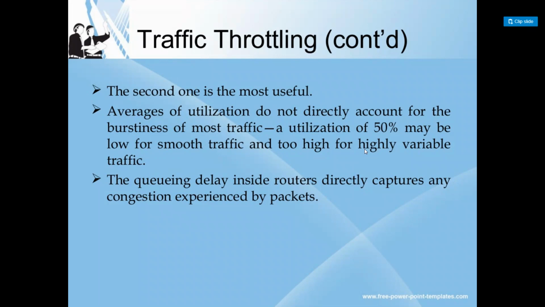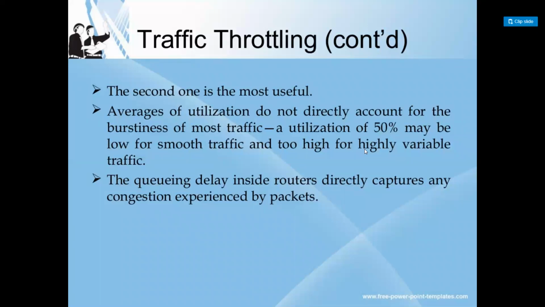If we use 50%, it lowers the traffic, but there is highly variable traffic. That means don't use 100% of outgoing lines. If you use only 50% of the output line, there can still be very large variation in traffic.